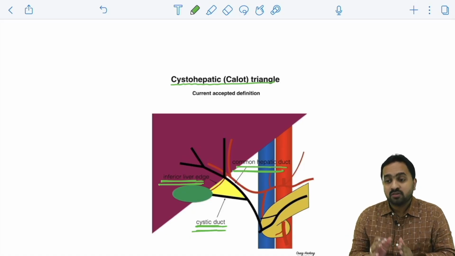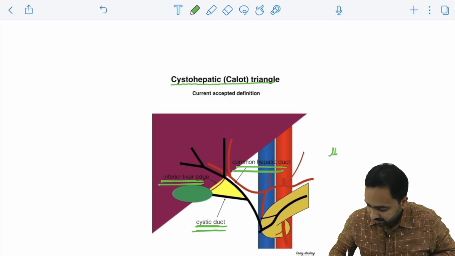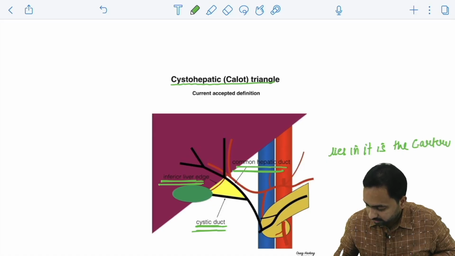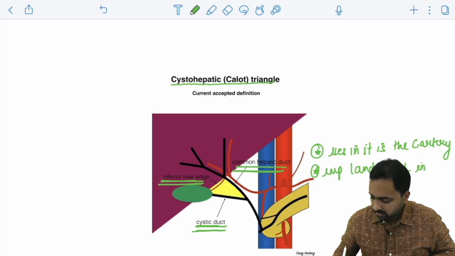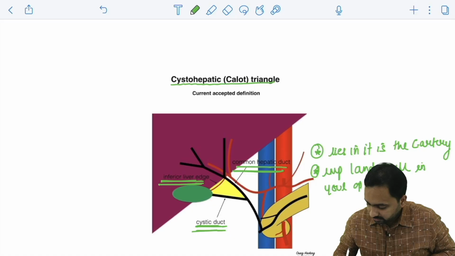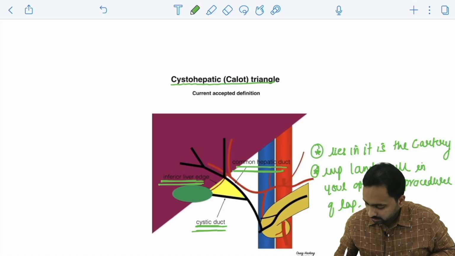The importance of this triangle is that lying in it is the cystic artery. So this is an important landmark in your operative procedure of lap cholecystectomy.